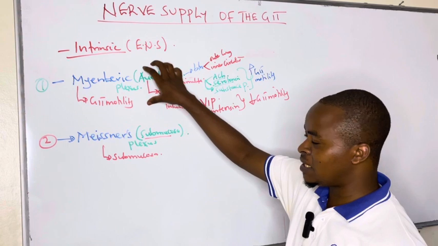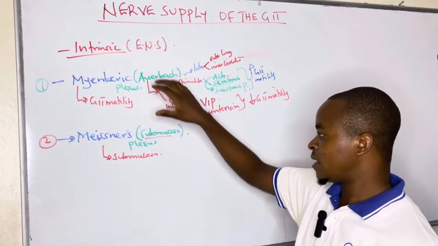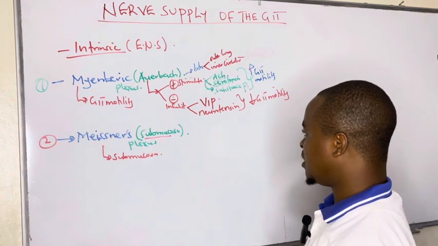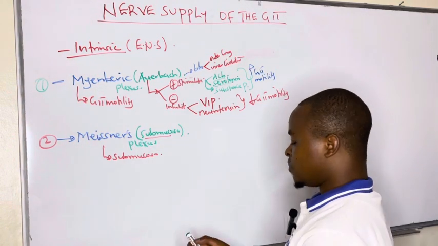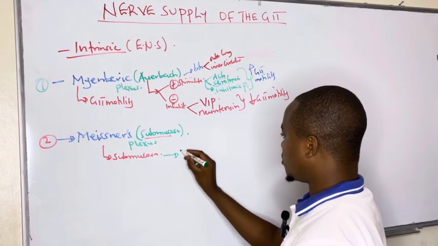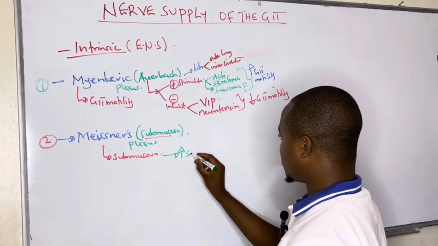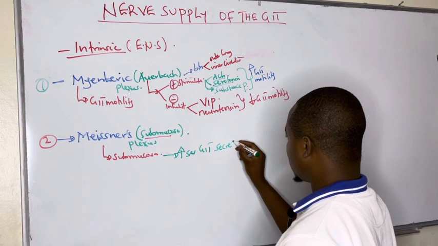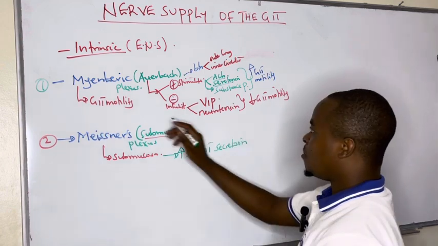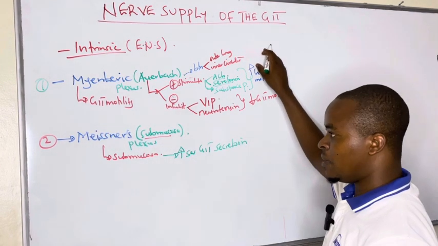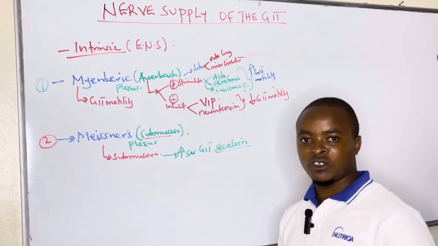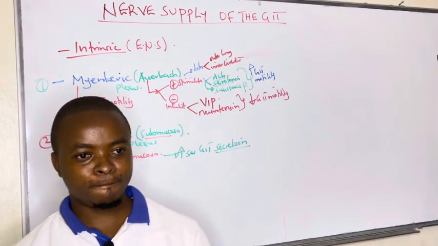This one is found in the muscularis. And this one, its role is to increase GIT secretion. It is responsible for GIT secretions. Myenteric is for movement. Meissner's is for secretion of juices in the GIT.